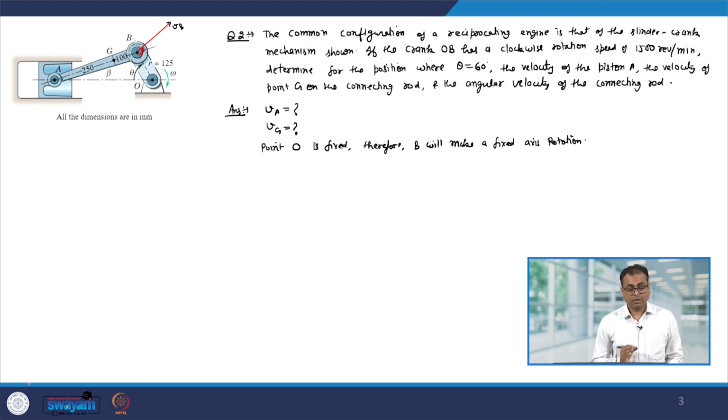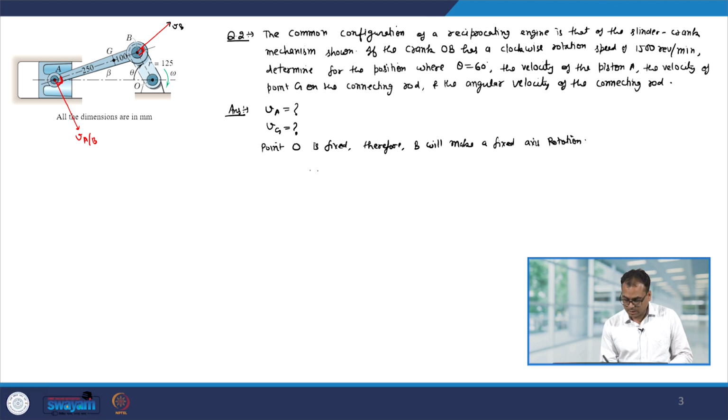Now, if an observer is fixed at point B, then he will see as if point A is making a fixed axis rotation. So, from the perspective of B, point A is making a fixed axis rotation, therefore, the direction of VA with respect to B will be perpendicular to the connecting rod AB.